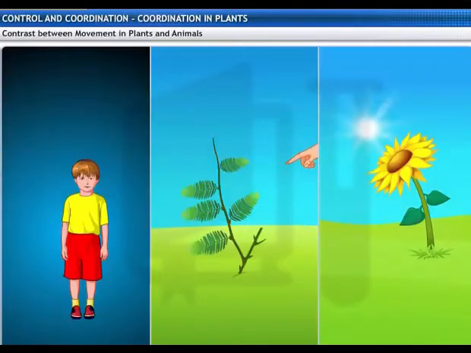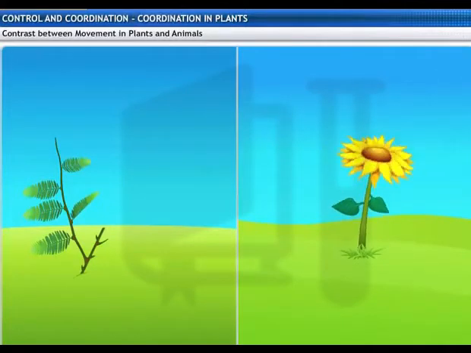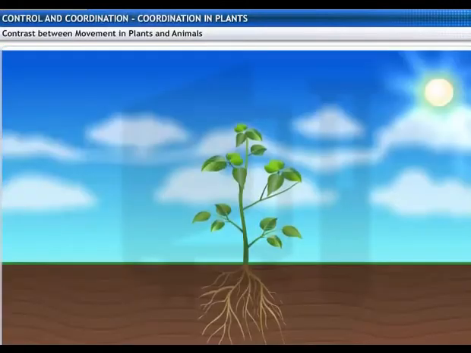Let's contrast the movement in plants with movement in animals. The movement of a sensitive plant in response to touch is very quick, whereas the movement of a sunflower in response to day or night is quite slow.